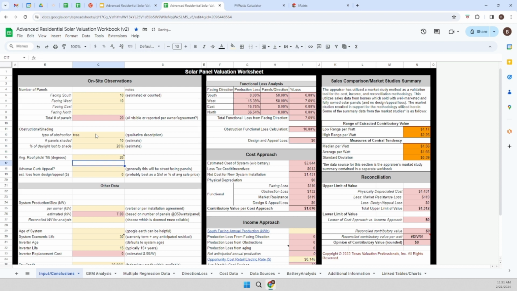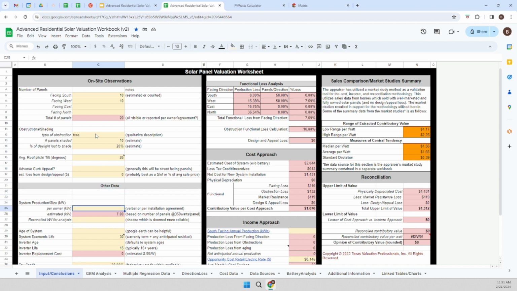So I'm going to say I've got a 26-degree tilt based on the roof pitch. For this example, I'm not going to deal with adverse curb appeal. I'm going to assume that these were panels that were on the back and side of the house and are not a design and appeal issue.